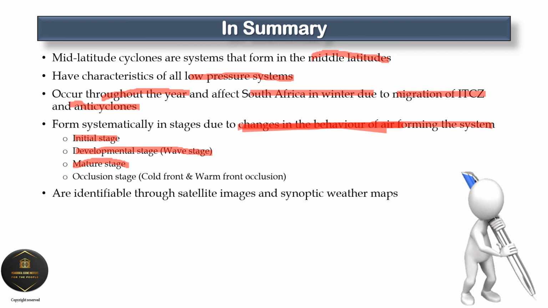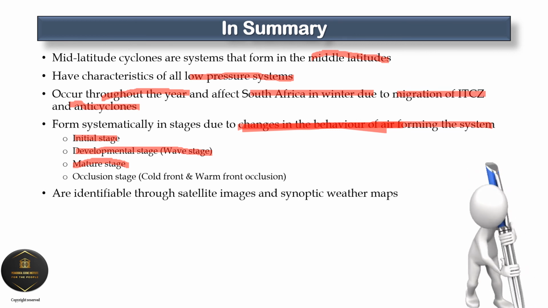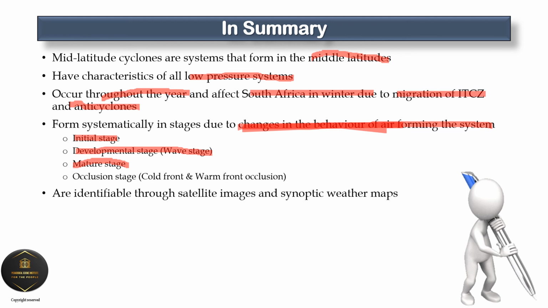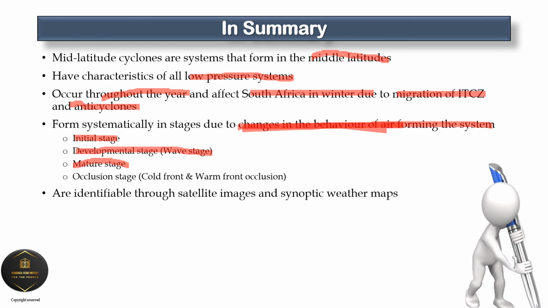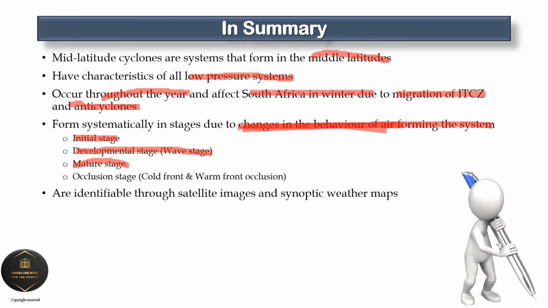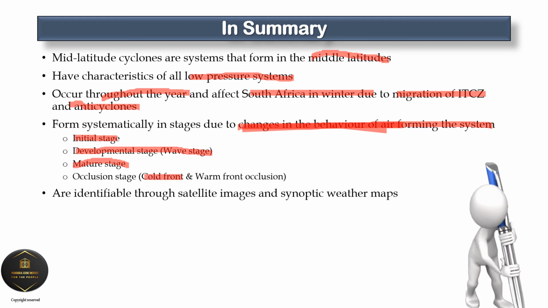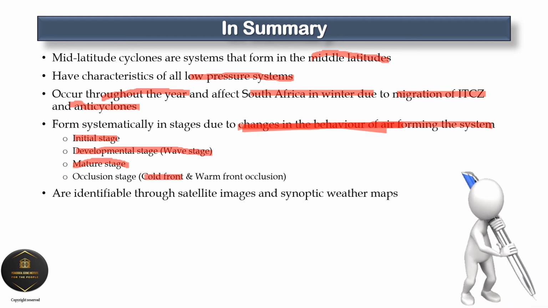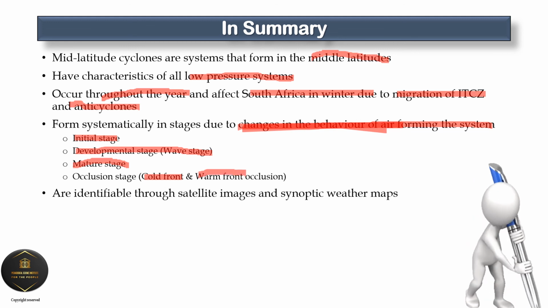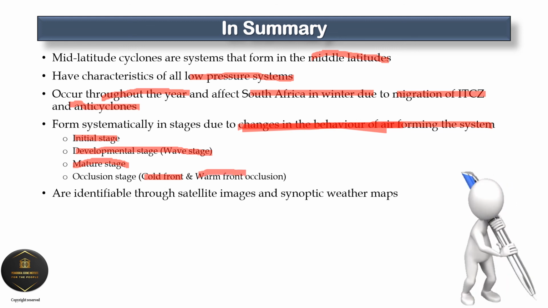Now, the system will then move from west to east as driven by westerly winds, and it is going to do what? It's going to affect the west coast of the country. Now, after it has moved over the country, its pressure starts increasing, and it gets destroyed when the cold front catches up with the warm front in cold front occlusion, or when the warm front catches up with the cold front in warm front occlusion.